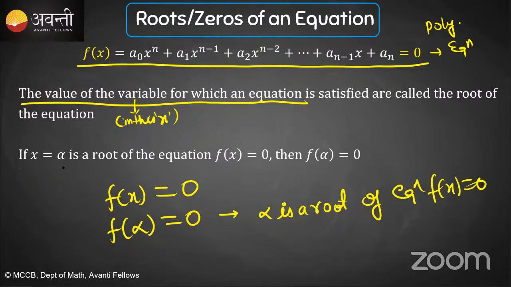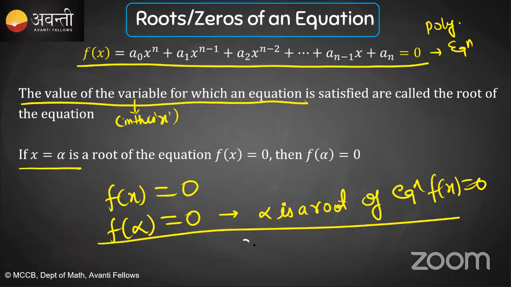Right? Is it clear? If x equal to alpha is a root of the equation, what does it mean? In that equation, if you put x equal to alpha, you will get 0.